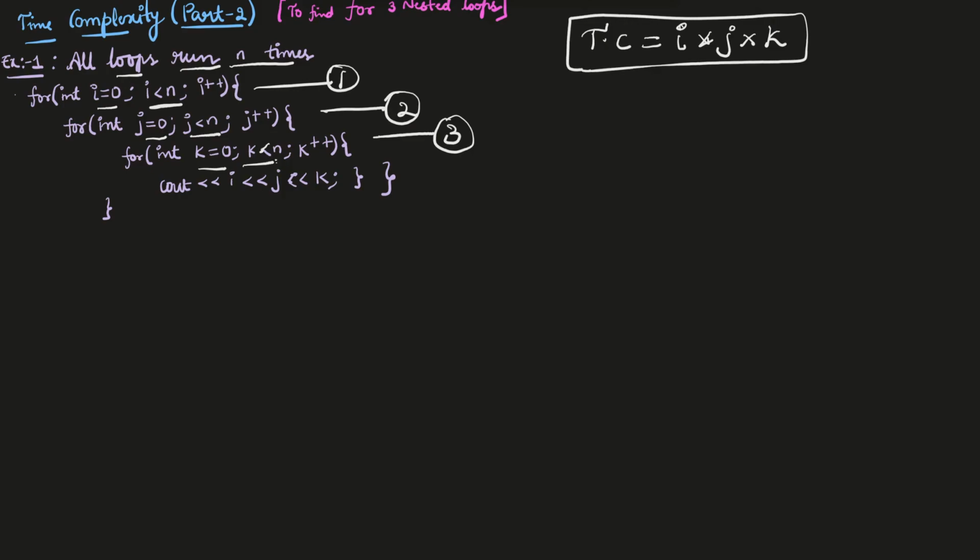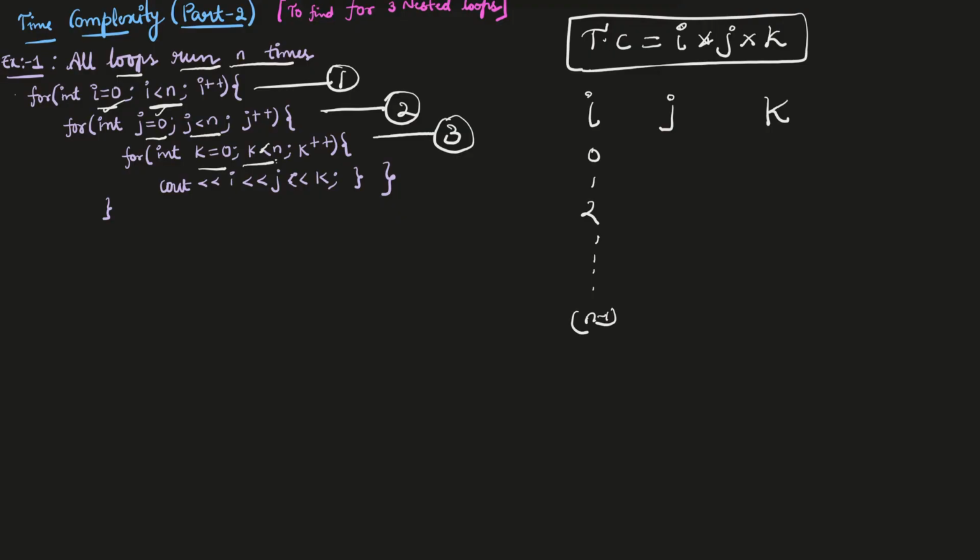So for this, you simply have to write the variables you have in your for loops. They are i, j and k. i starts from 0 and goes up to n minus 1, so 0, 1, 2, and so on up to n minus 1.